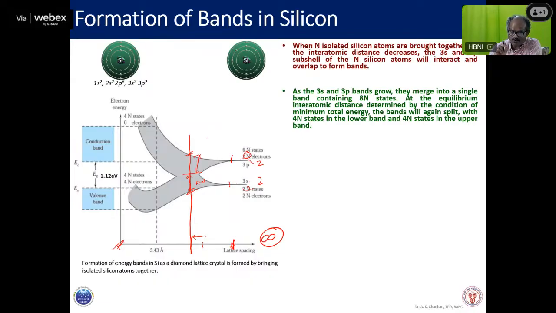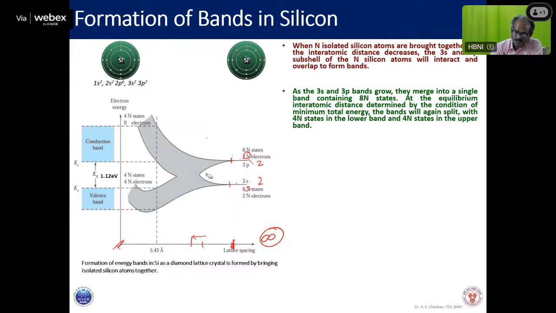Suppose I give a little bit of energy to this particular electron. It will be able to accept it, because there is an allowed energy level just above it. So this material will behave like a conductor, because you can apply any voltage, and the energy of this electron will be raised accordingly.